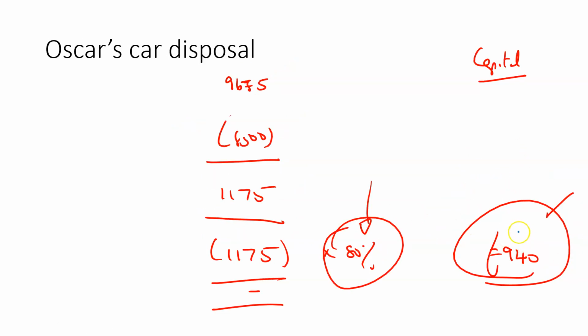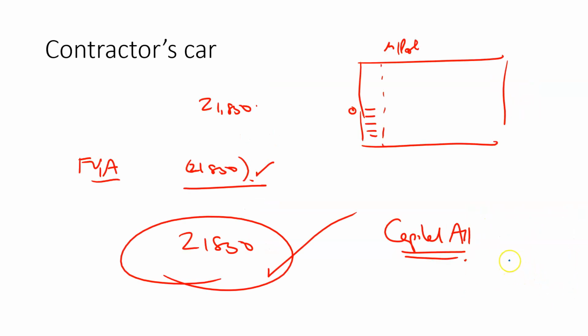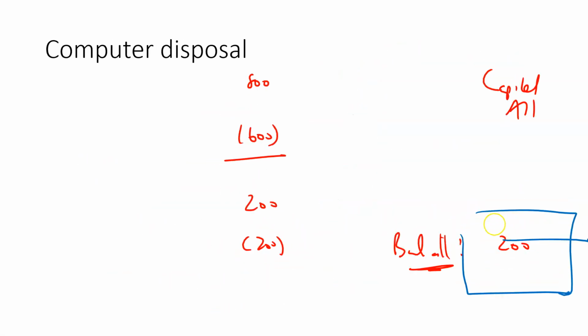And then we have Oscar's car disposal at 940. And then we have the capital allowance on the computer, the full 280.50 on that. And then we have Oscar's new car, 897. And then I think on the computer we had 200, right? Of course we did.